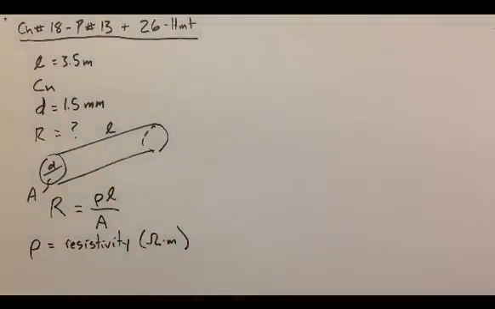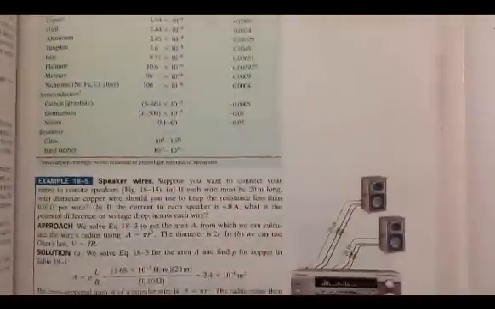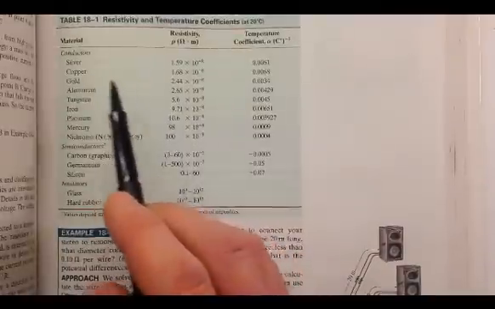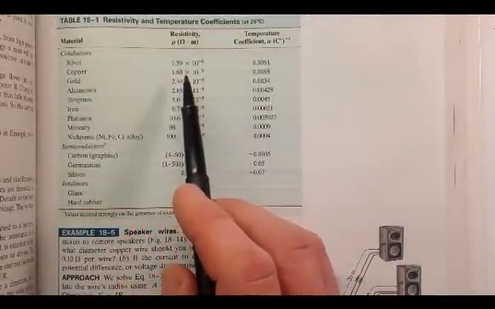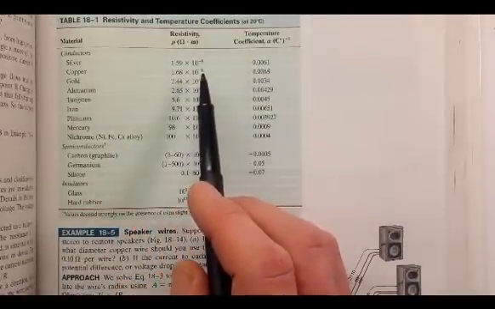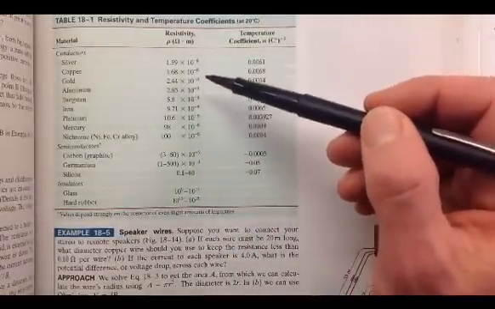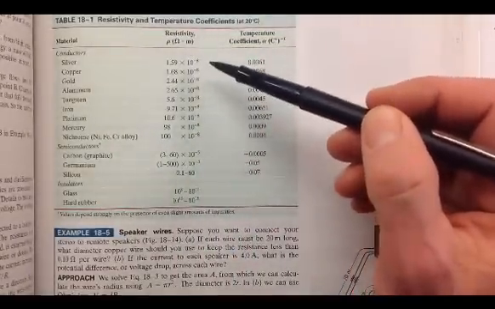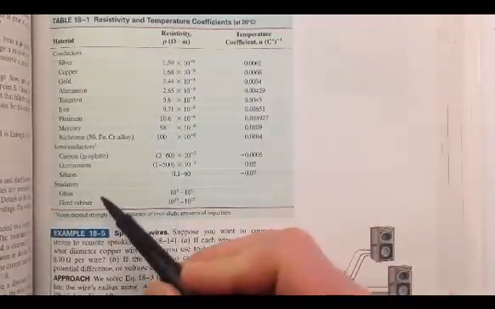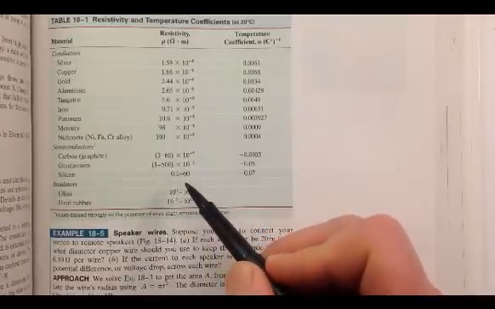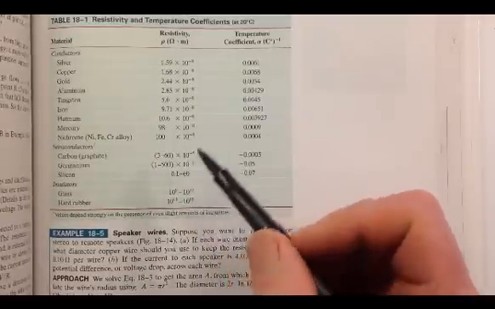Now, there's a nice table in your book that will tell you here, this is page 501, that the resistivity of copper here is 1.68 times 10 to the minus 8 ohm meters. Notice that conductors have very low resistivities, and insulators have very high resistivities, and semiconductors are somewhere in the middle.